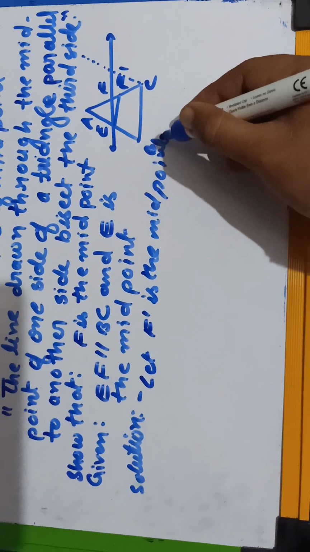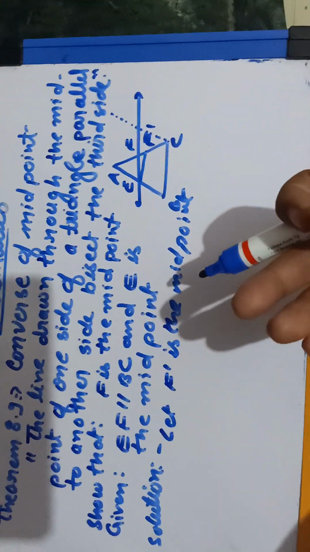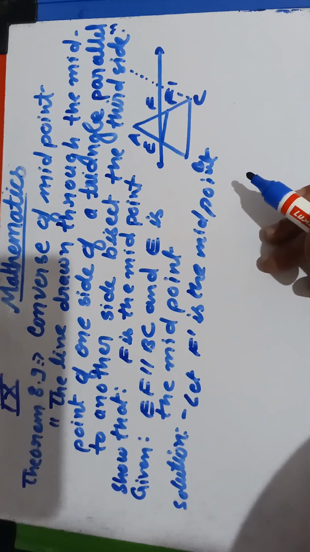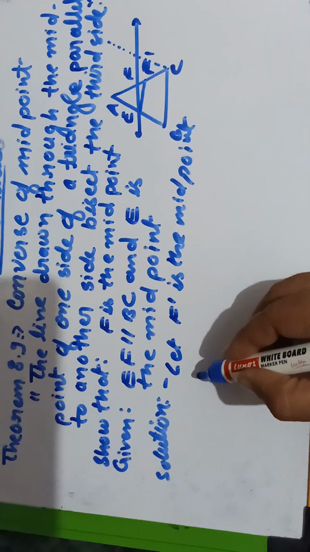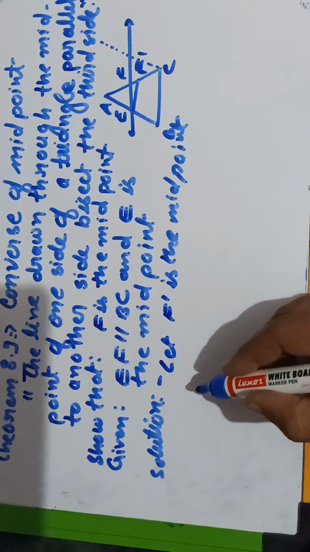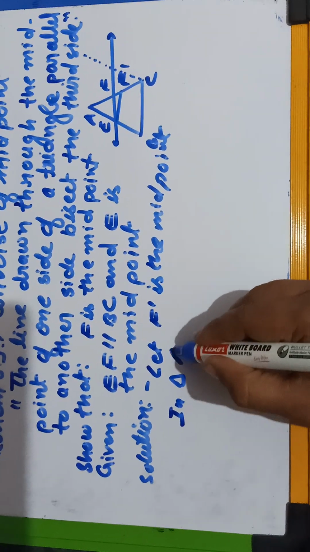I am telling you, if F is not a midpoint, then some other point will be the midpoint. So suppose F dash is the midpoint. Now when F dash is the midpoint, and E is the midpoint, we will check in triangle ABC.